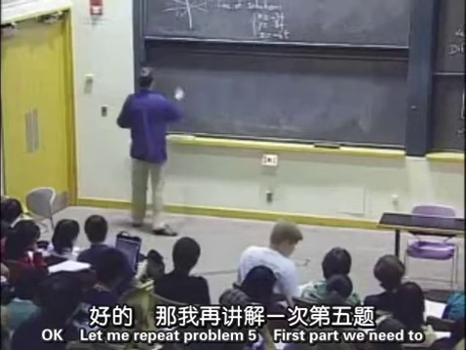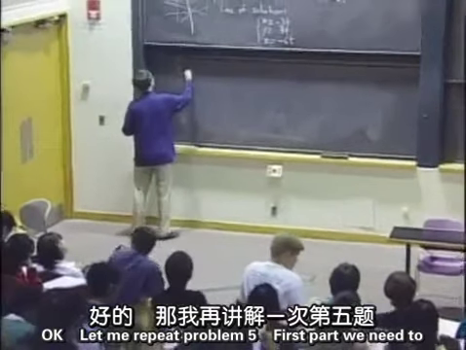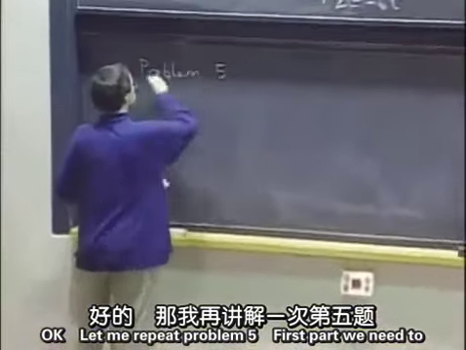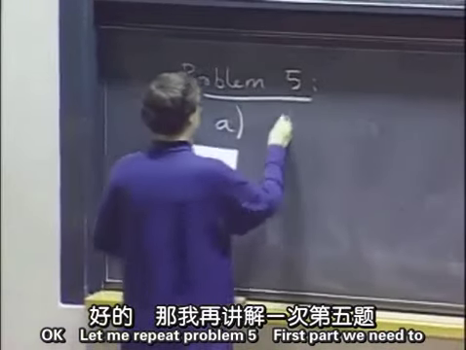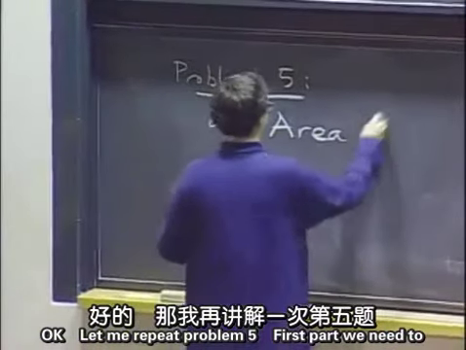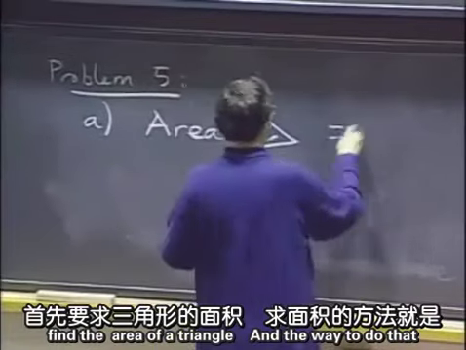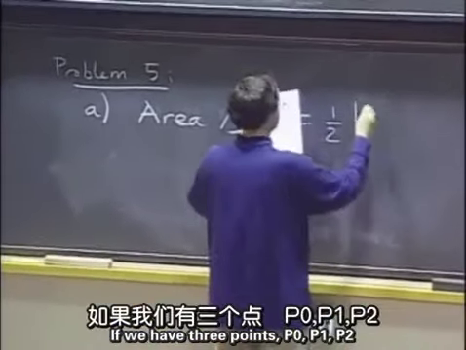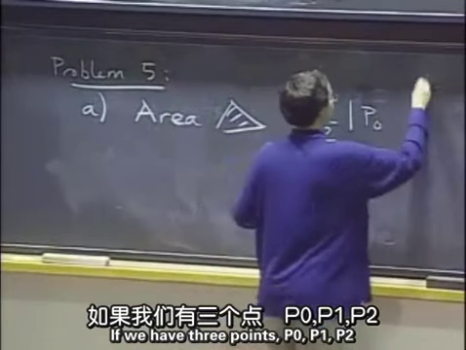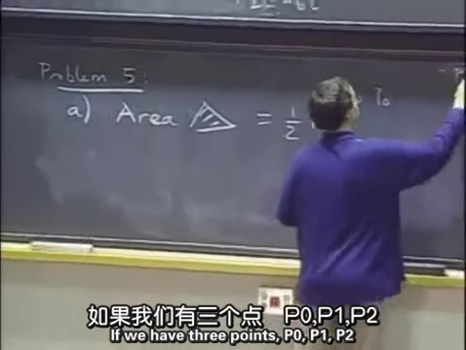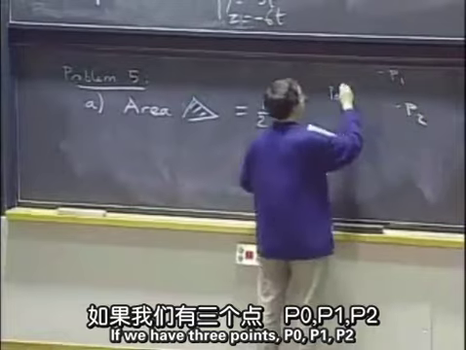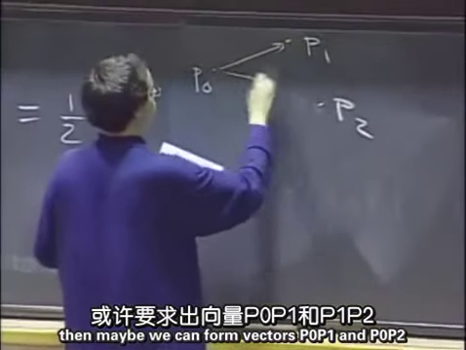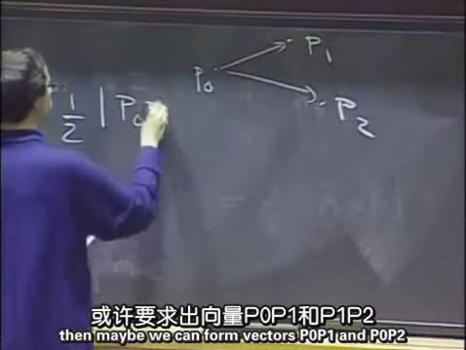Okay, let me repeat problem 5. So, first part, we have to find the area of a triangle. And the way to do that is to just do 1/2 of the length of a cross product between, so if we have 3 points, P0, P1, P2, then maybe we can form vectors P0P1 and P0P2.